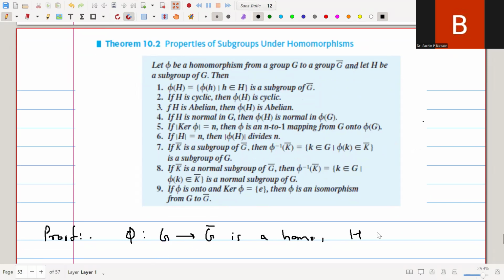Then H is a subgroup of G. Therefore, what is phi of H? So phi of H is the collection of all images of the elements of H under phi.